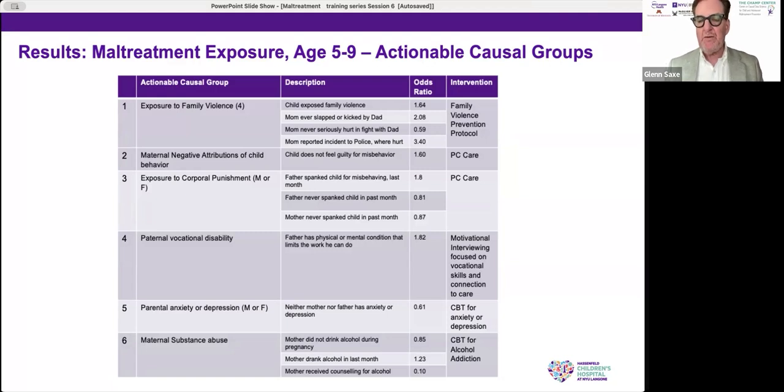And then this is very preliminary as we're just throwing around ideas about intervention. PC care is based on PCIT, which can be used frequently and much more often than PCIT. So a lot to talk about with that.